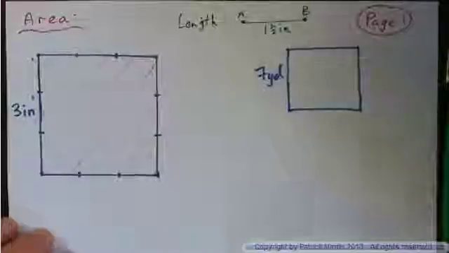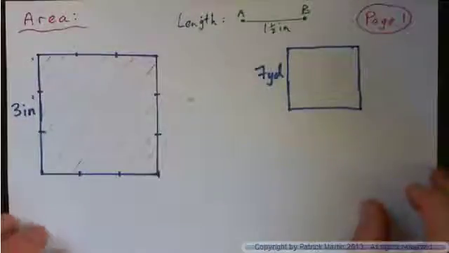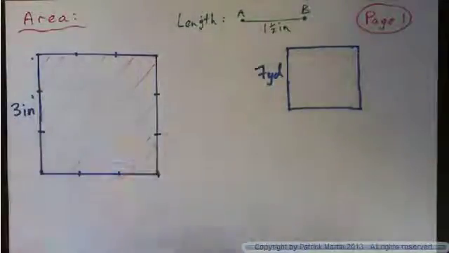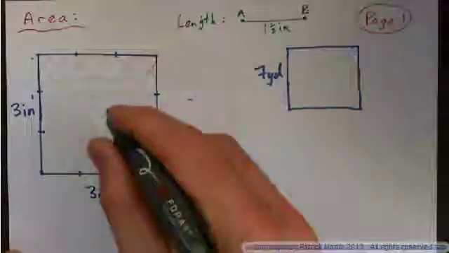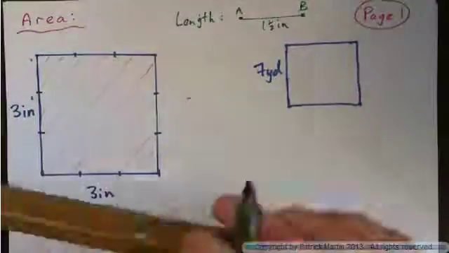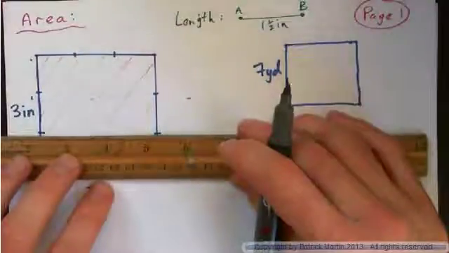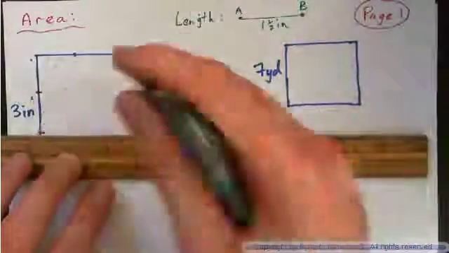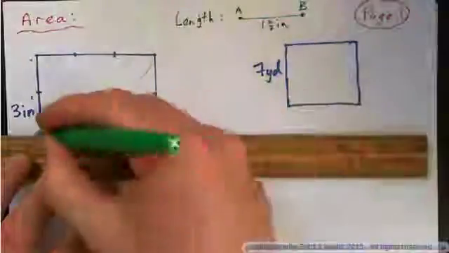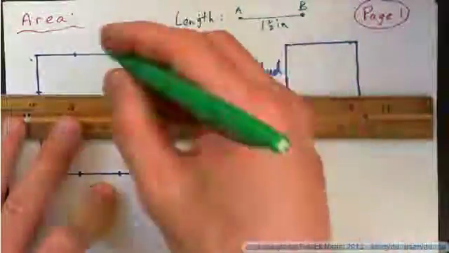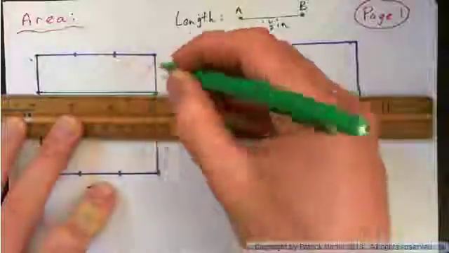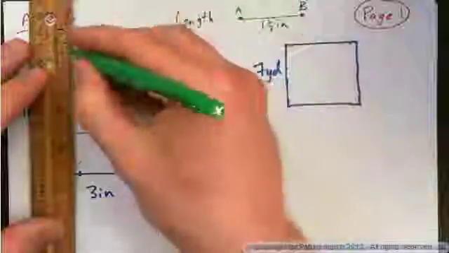So how are we going to measure area? Well, we know that this square is 3 inches on each side. What we're going to do is, in real life here, split this square into little squares, and each little square will be 1 inch on all sides.